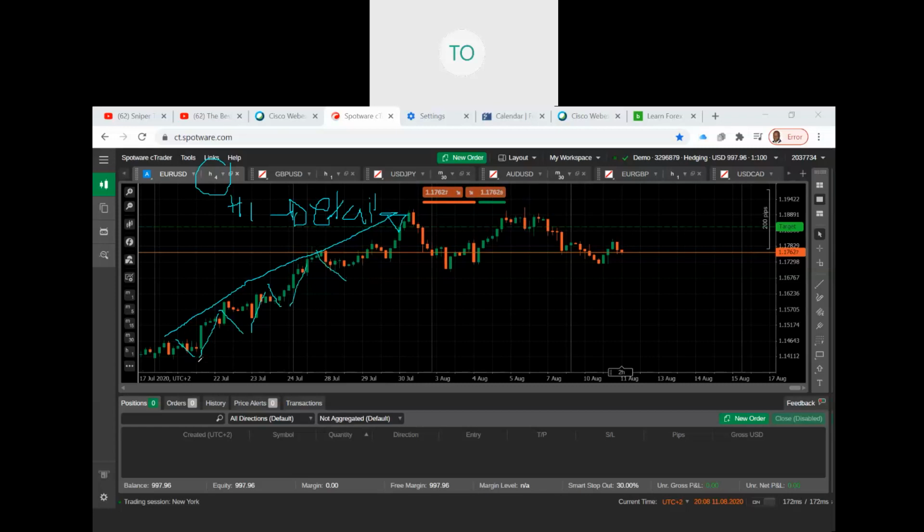This is very popular among scalpers. They fully take advantage of that. But for long-term traders and other traders, they don't so much take advantage of the downs and the ups. They just say, okay, it's an uptrend, fine. I'm going to ride it until the next support line. All right.